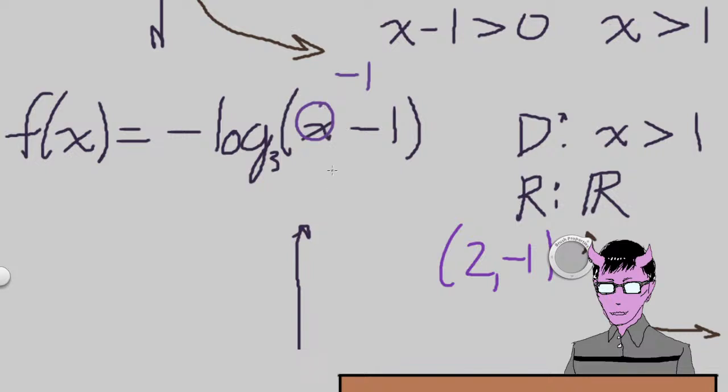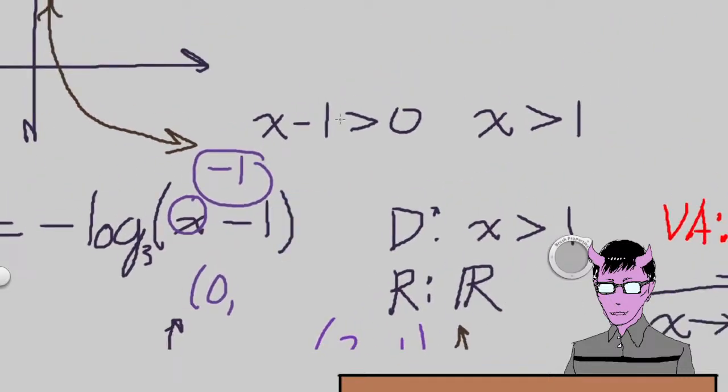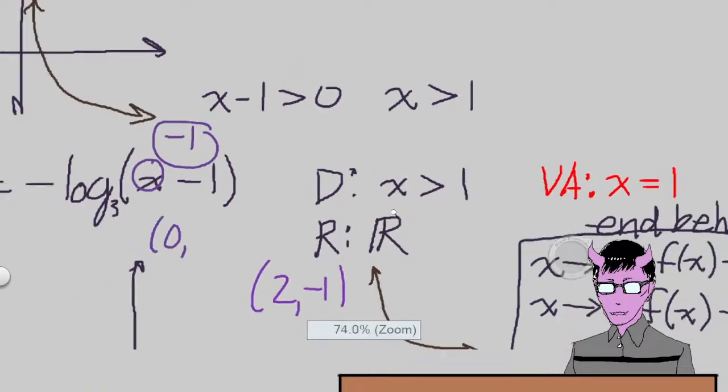So if we force 0 as an input, this whole thing becomes negative 1, and then we do have a negative. Wait, we can't have negative 1. No, we can't have 0, 0 for this particular function.